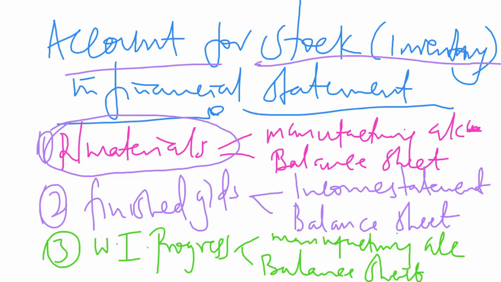Because in financial statements, we said we only account for things that are quantifiable, something that you can add value to. So if something can't be quantified, it means we can't report it in our financial statements. So that's our second reason why we carry out this stock valuation.